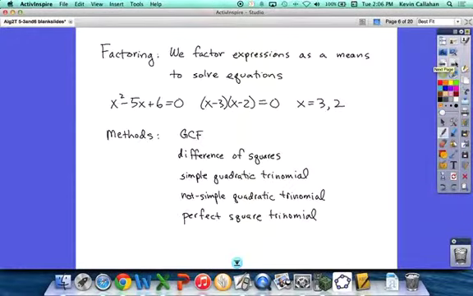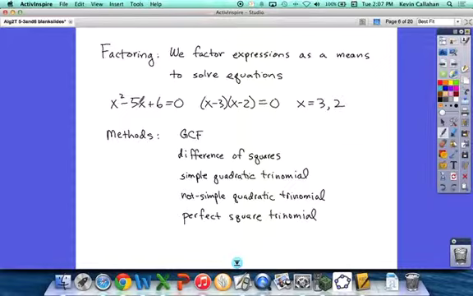Okay, next we get into the factoring again. Remember that we factor in order to solve equations. For example, if we have an equation here, x squared minus 5x plus 6 equals 0, that's the standard form, right? In standard form, if you tried to isolate the x, you couldn't do it because the x is in two terms and they're not like terms, no way to put them together.